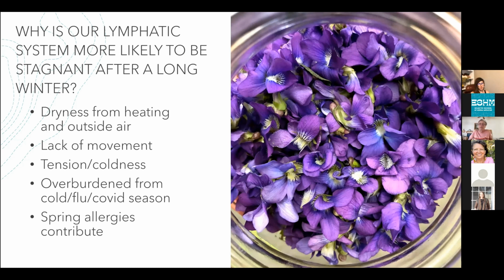If we're thinking about heat, dryness, coldness, lack of movement, and laxity and tension, we're thinking about how some of these things present themselves in the context of winter, and why lymphatic herbs historically have been used as spring tonics as they're coming out of the ground.